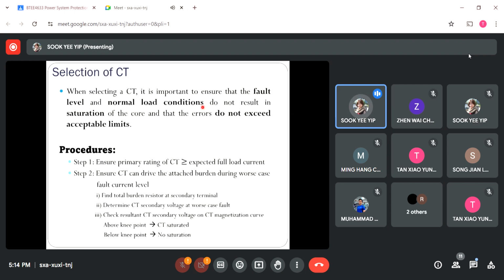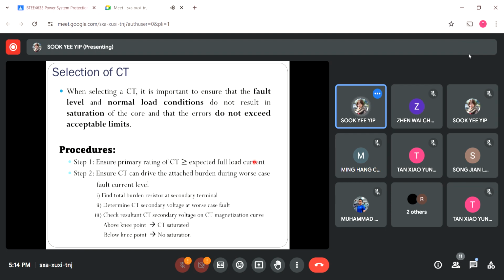So there are actually two simple procedures here to ensure this current transformer's error doesn't exceed its limit. How can we do this? The first step: for the selected current transformer in terms of primary rating, the current flowing under normal condition should be more than the expected full load current value.